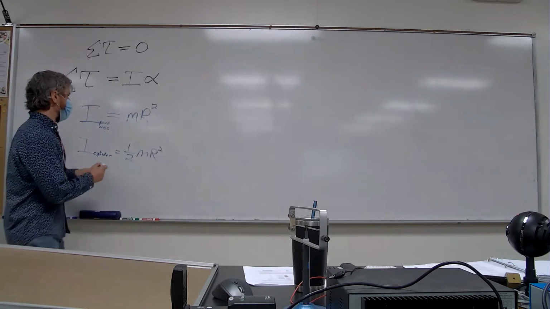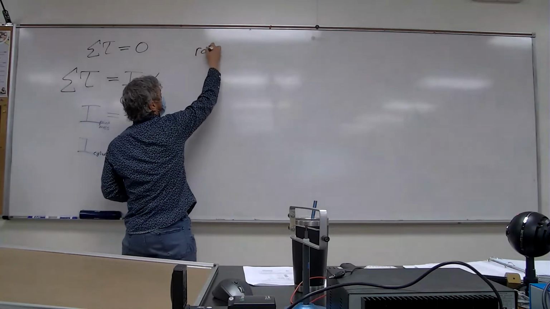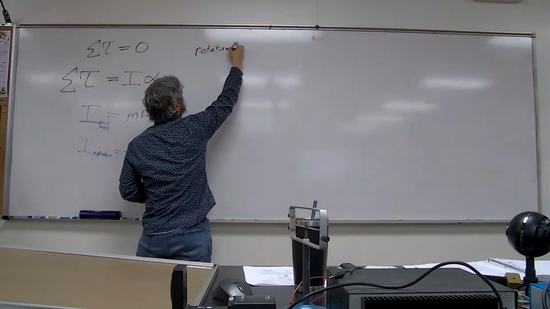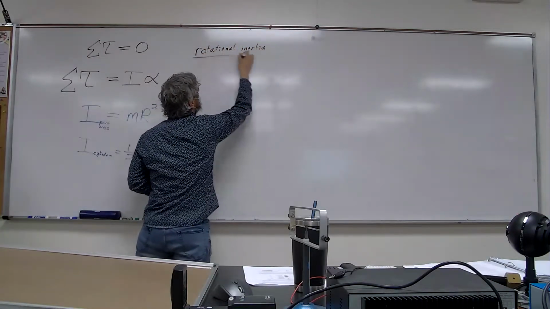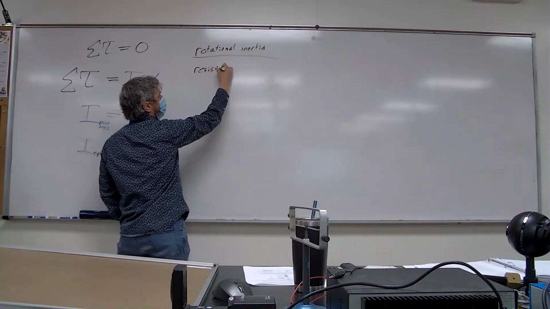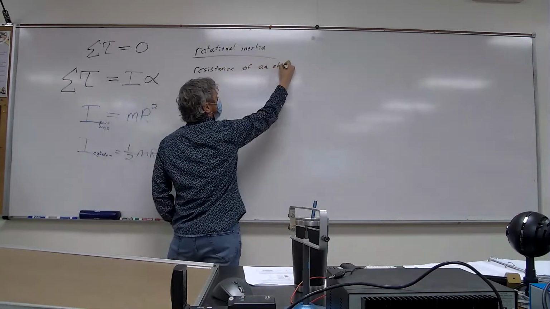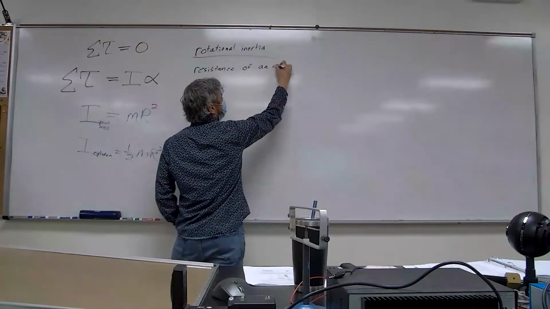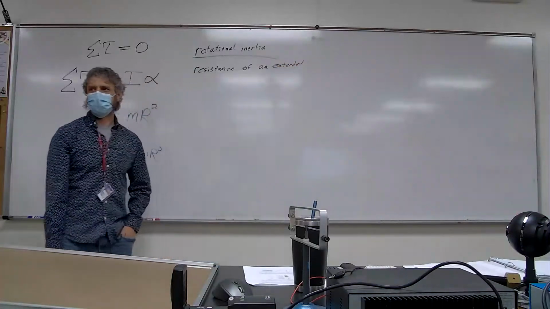So, just some basics here, but now I want to focus on rotational inertia by itself. Rotational inertia. And I'm going to write the definition up here because it's important. It is the resistance of an object, and I'm going to say an extended object. So we're not talking about point masses. An extended object is literally not a point mass.